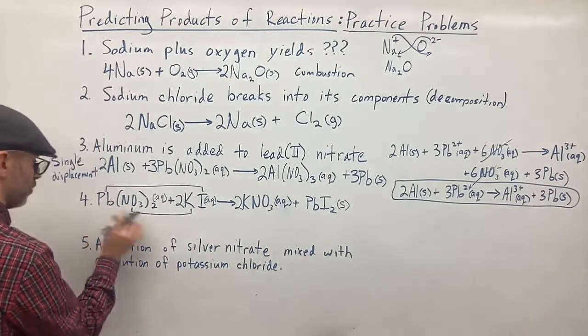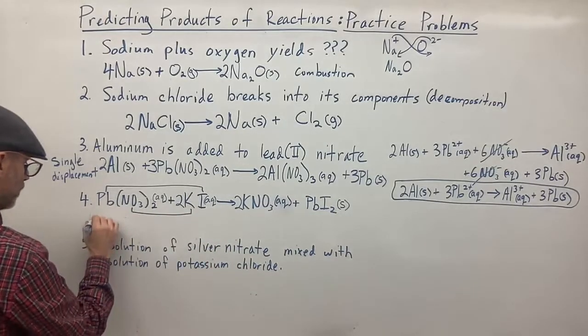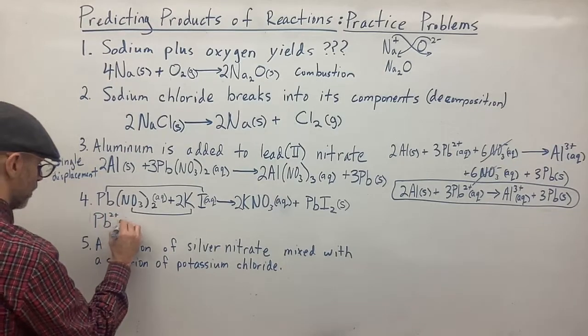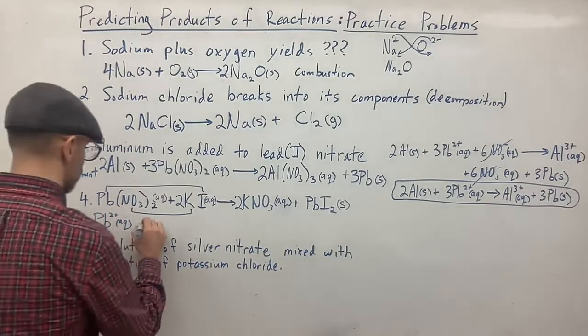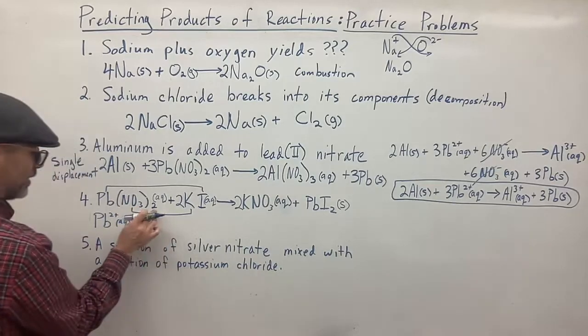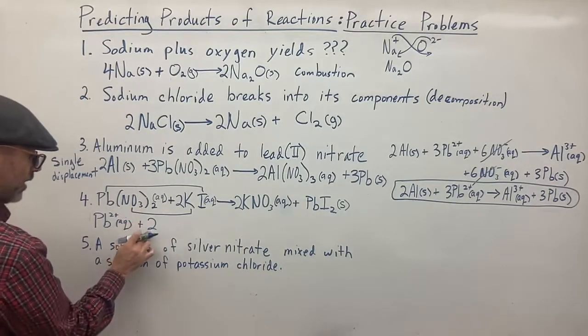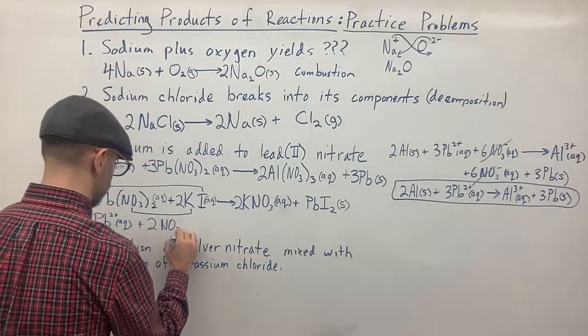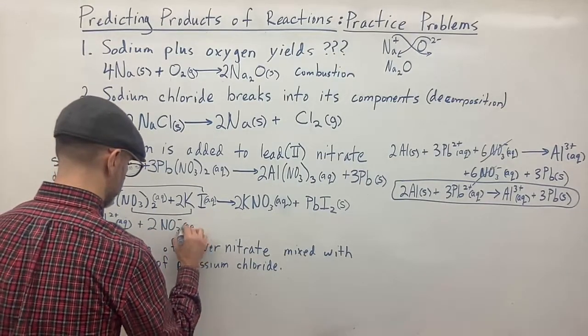So these are aqueous, so they're going to be separated. So I have Pb2 plus aqueous. And then I have 2 nitrates here, so that's going to be 2. I take the subscript and write it as a coefficient. So that's going to be 2 nitrates, NO3 minus aqueous.